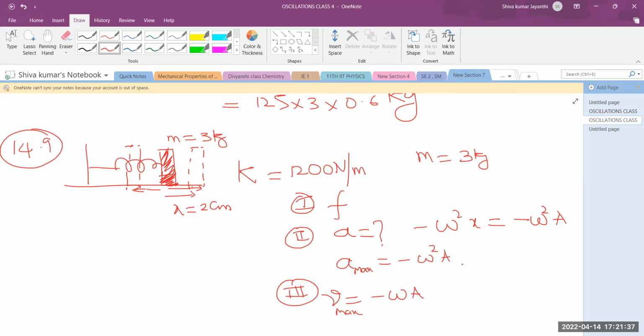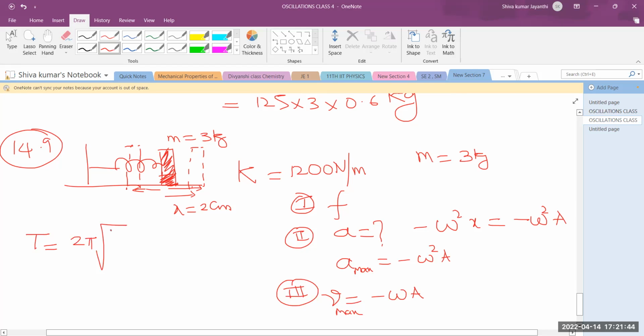So what we have to do is find out the time period first. Find the time period, you can find everything else. T is 2 pi root over m by k. That's the formula. m is 3 kg, K we know, 100. Cut it, 400 will come. So 2 pi root over 1 by 400. 20 is the root of 400, no?